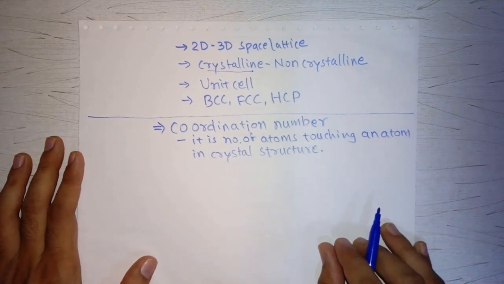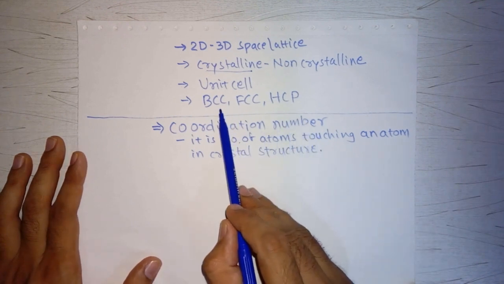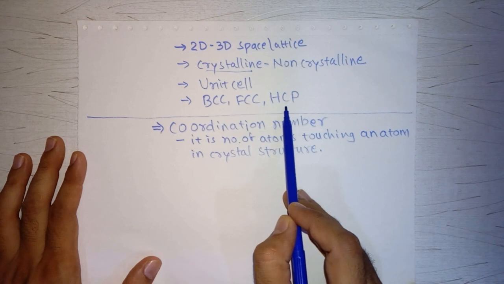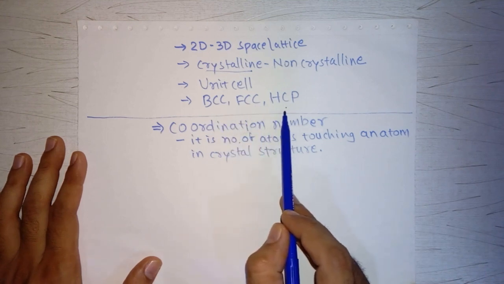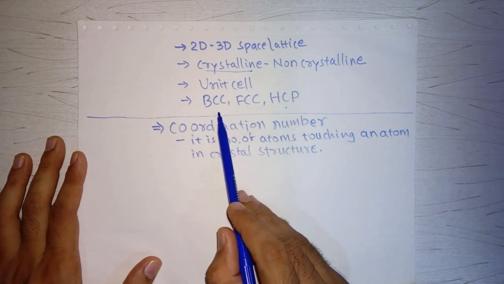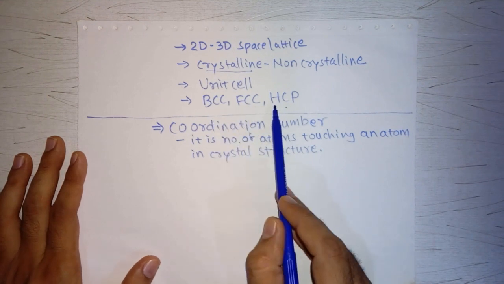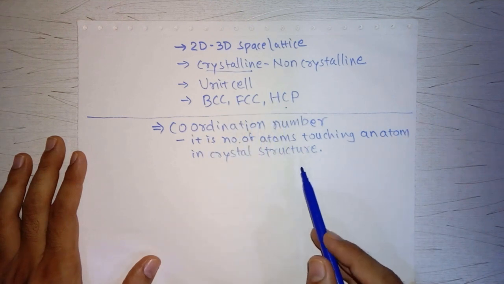So from the definition we can understand that coordination number for BCC, FCC and HCP will be different because these are different crystal systems. The arrangement of the atoms is different in all these three structures. So coordination number for all these three will be different.